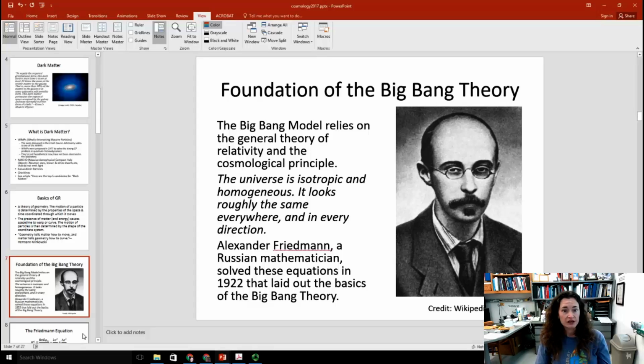In other words, it looks roughly the same everywhere and in every direction. Okay? So if you look around here versus looking around on the other side of the galaxy, it will look kind of similar.